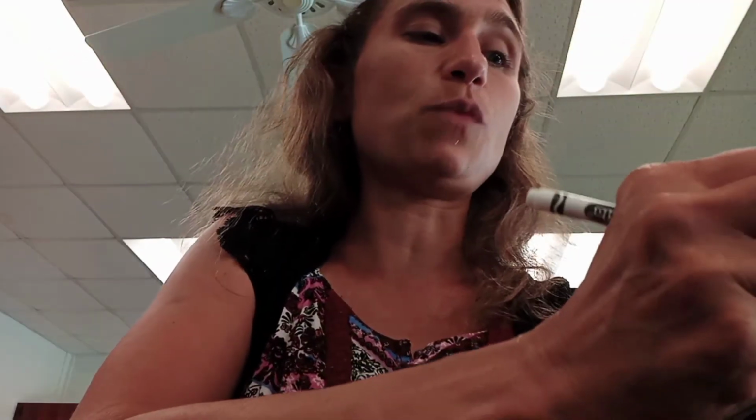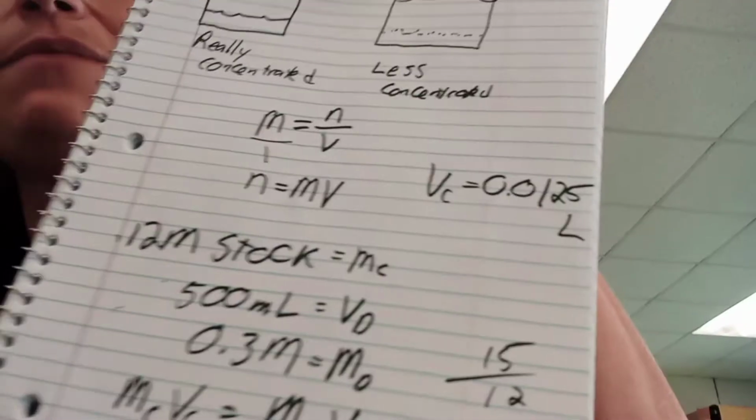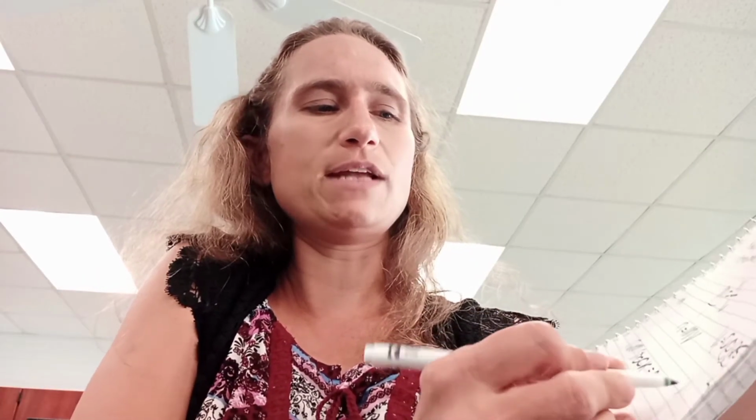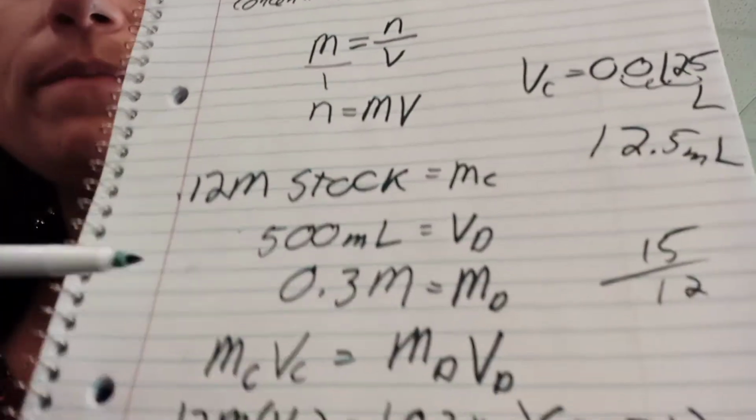That's in liters, right? Well, that's not very practical. I really don't have devices that measure in liters that small, so I'd have to go to milliliters anyway. So we'd move it over 3 spaces, 1, 2, 3, and we get 12.5 milliliters, right? Well, it just kind of seems silly.